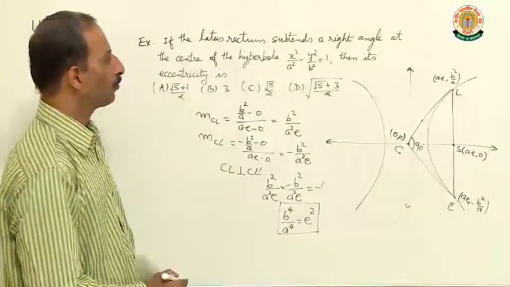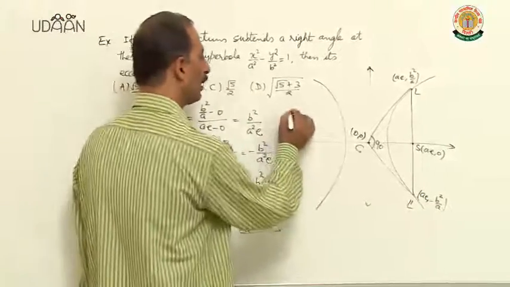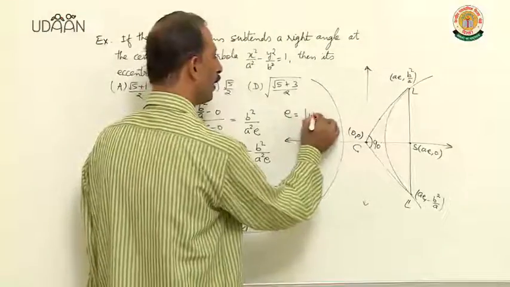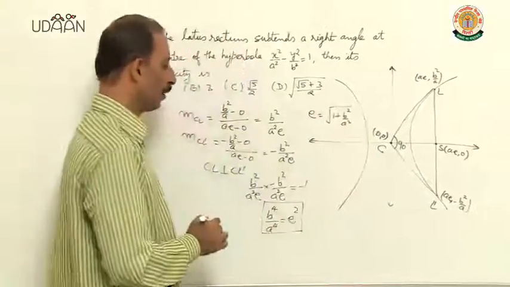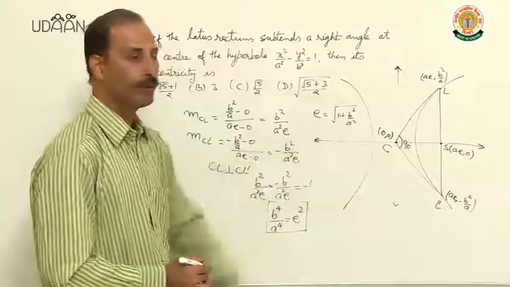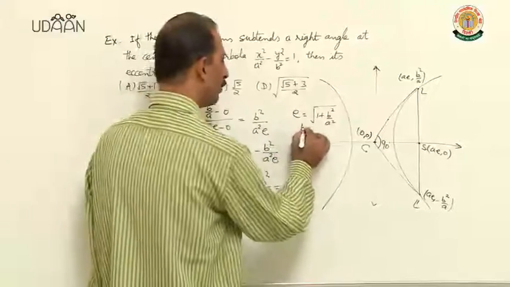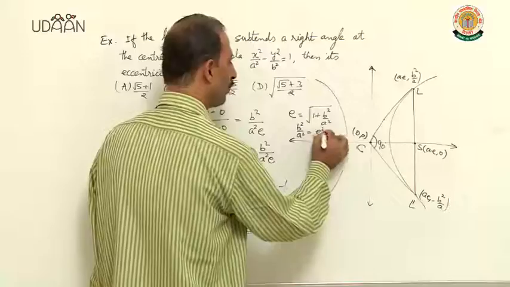Now for this hyperbola, eccentricity, you already know the formula. Eccentricity is root of 1 plus b square upon a square. So in place of b square upon a square, find the value from here. You will get b square upon a square is e square minus 1.